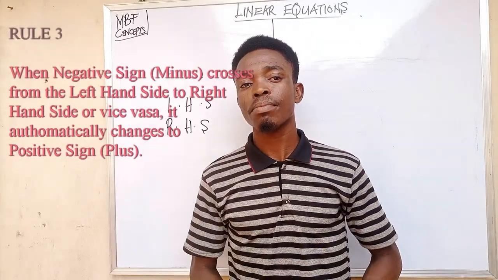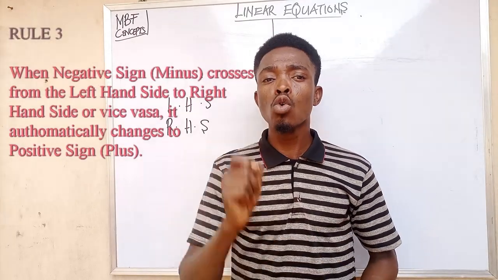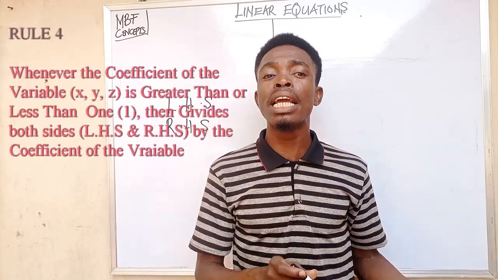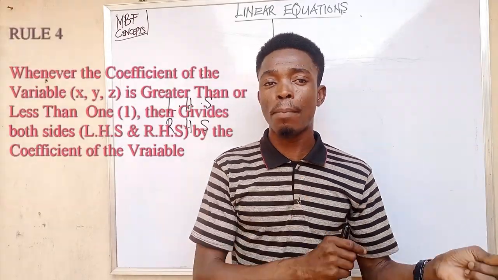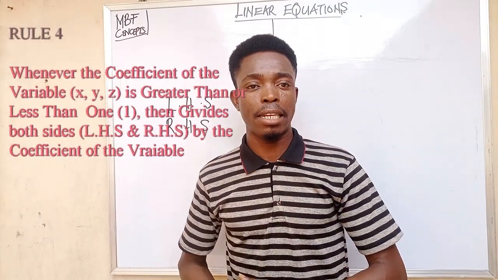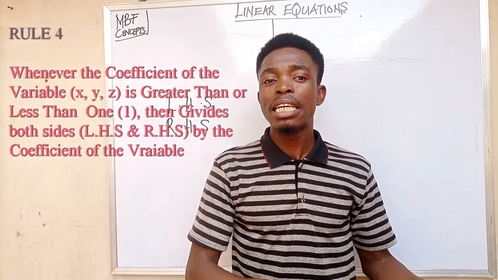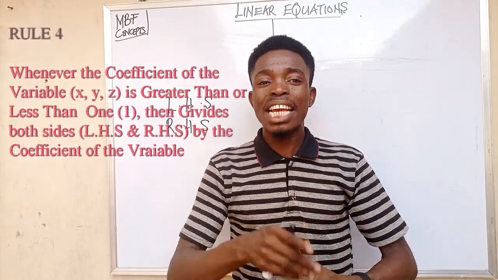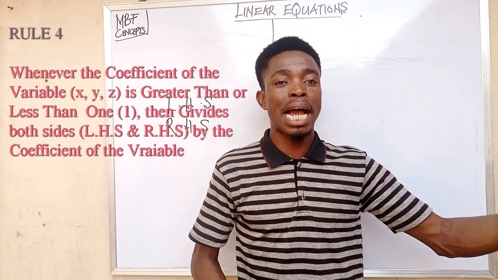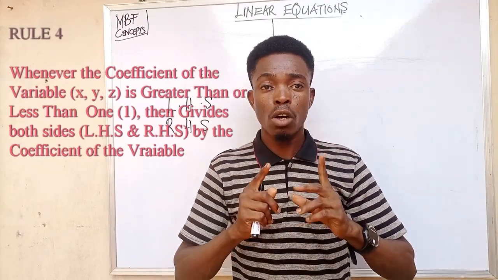Then lastly, but not the least, rule number four states that anytime you have successfully separated the variables from the integer in such a way that at the left hand side, the variable has a coefficient greater than or less than 1, you must divide both sides by the coefficient of that variable.